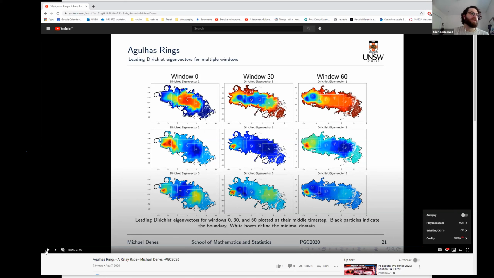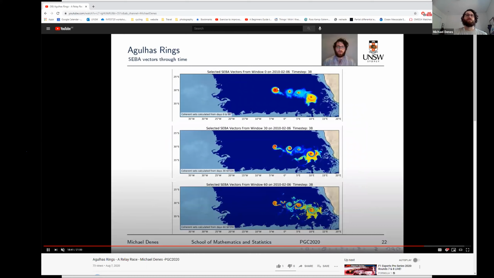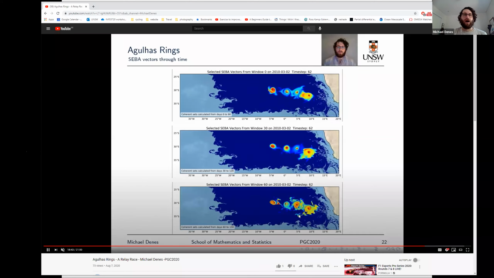And what you'll notice, once it gets to that point, here we are. What you'll notice is that when we compute the eddies for the first 90 days, they remain relatively coherent, whereas the later windows aren't coherent until their time period begins.